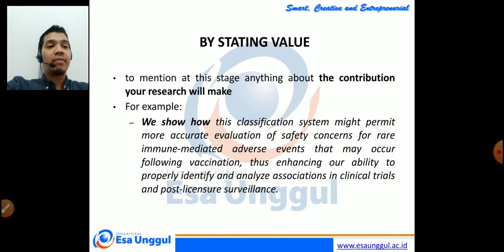By stating value, we mention anything about the contribution your research will make. For example, we saw how this classification system maps from it, and so on.